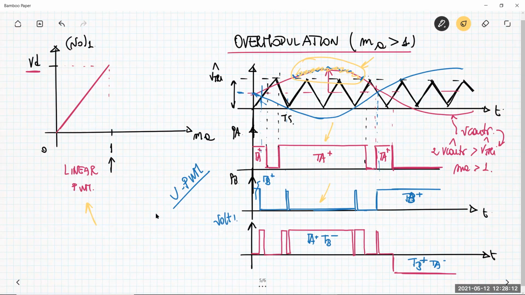Here in the overmodulation, I lose a portion of the sine wave because this waveform is higher than the peak value of the triangular waveform. This happens for both modulations.